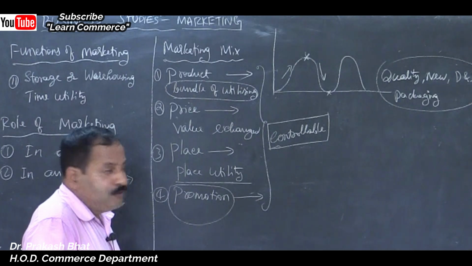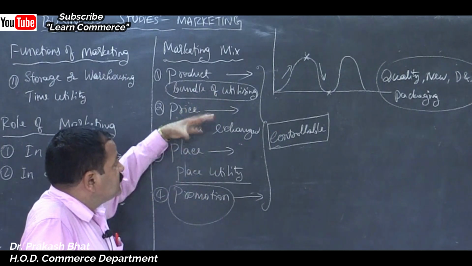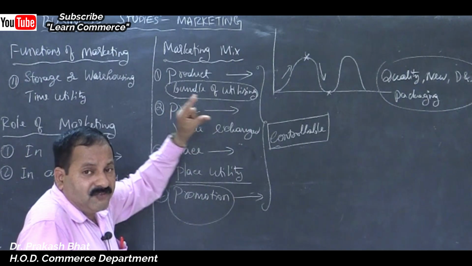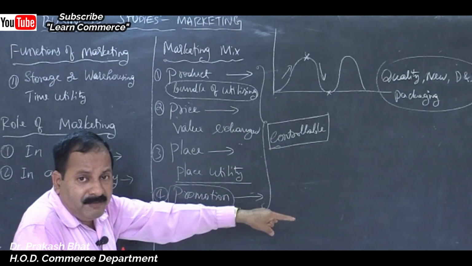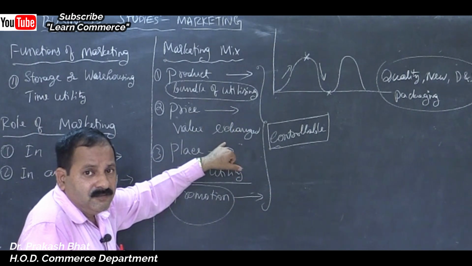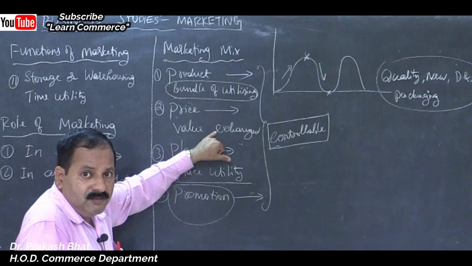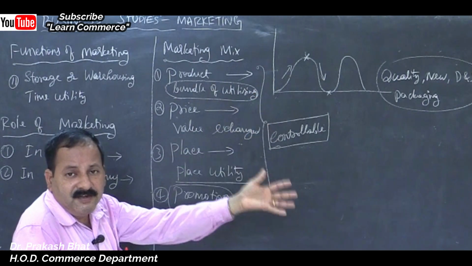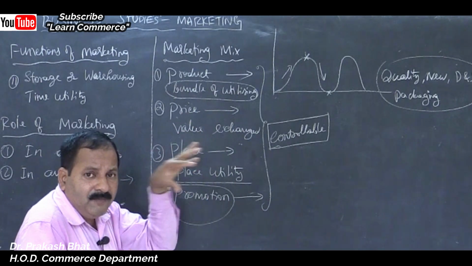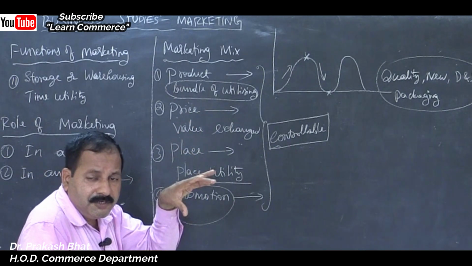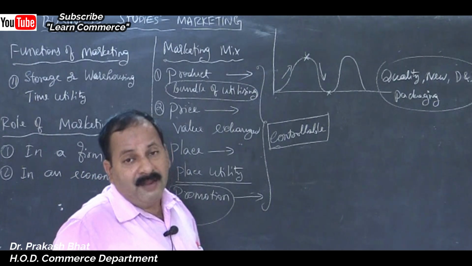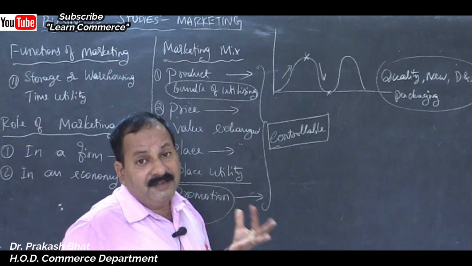So the marketer can do much better by mixing these marketing mix elements. If the customer is not accepting the product because the product price is high, reduce the price, decrease the price, because it is in your hands. The demand can be increased. When you reduce the price, people will get attracted towards the product because the product is cheaper, best quality, people will start buying, and the sales will increase.